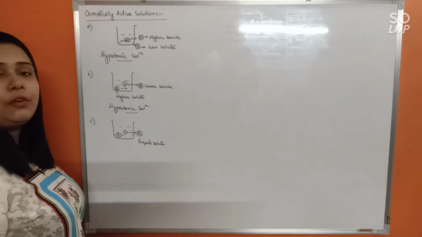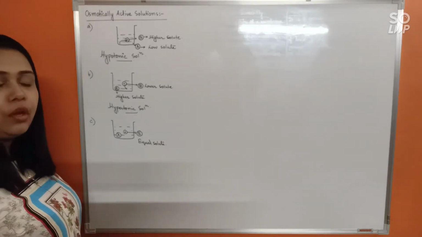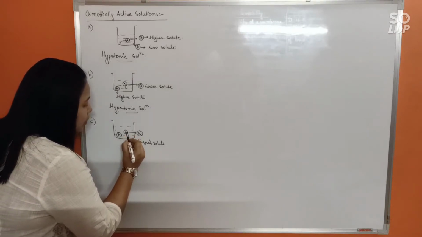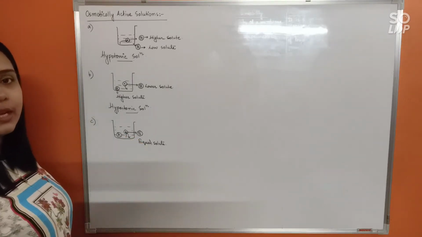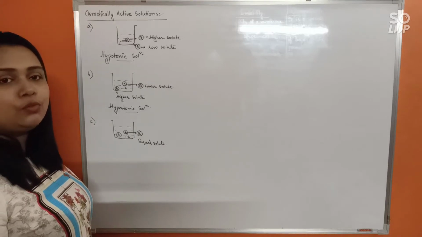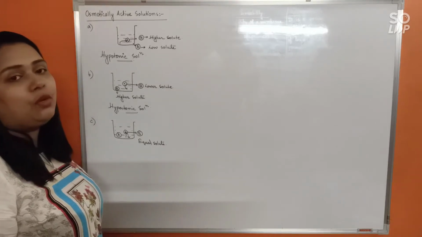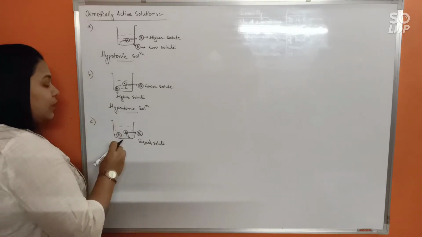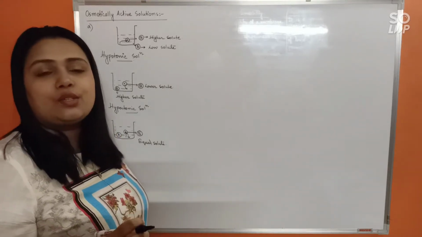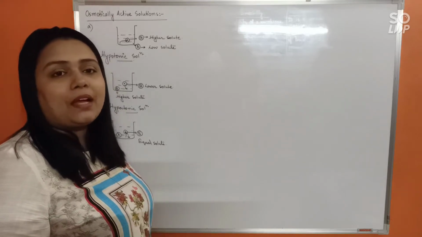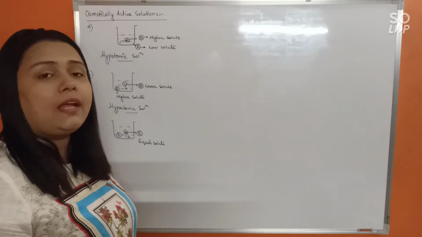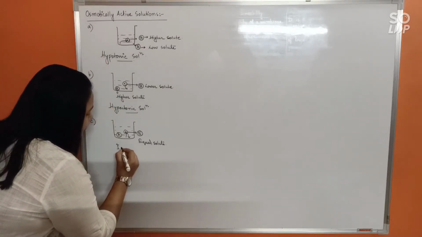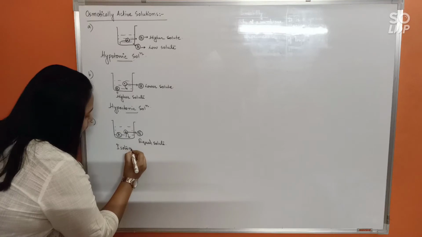So if there would be equal solute in both, what will happen? The amount of water running into the cell will be equal to the amount of water running out of the cell. Hence the net movement of water would be zero and hence the cell will remain as it is without any change. So a particular solution in which the solute concentration remains the same in comparison to the cell cytoplasm, where an animal cell will undergo no change, would be referred to as isotonic solution.